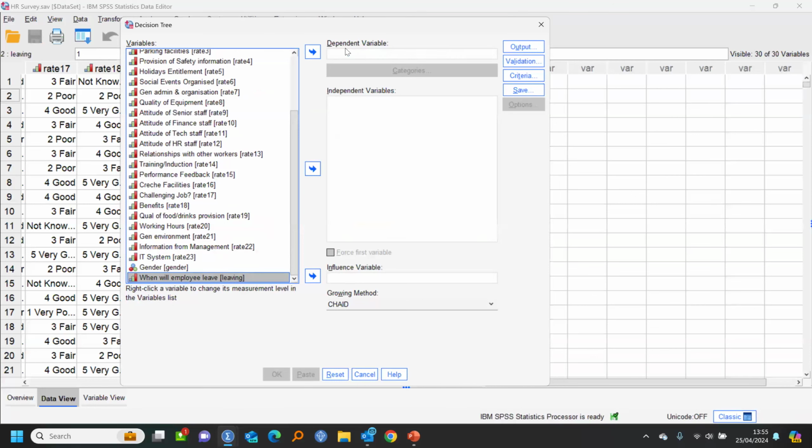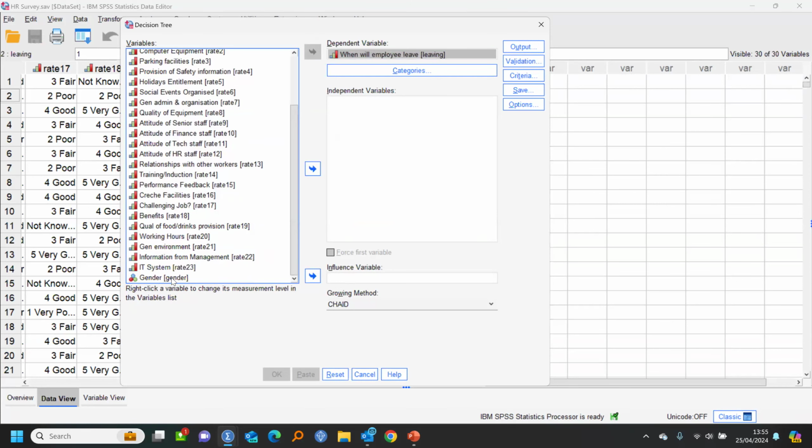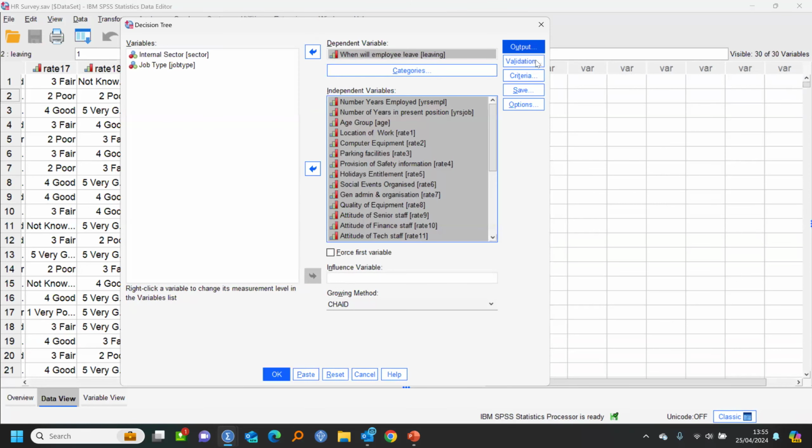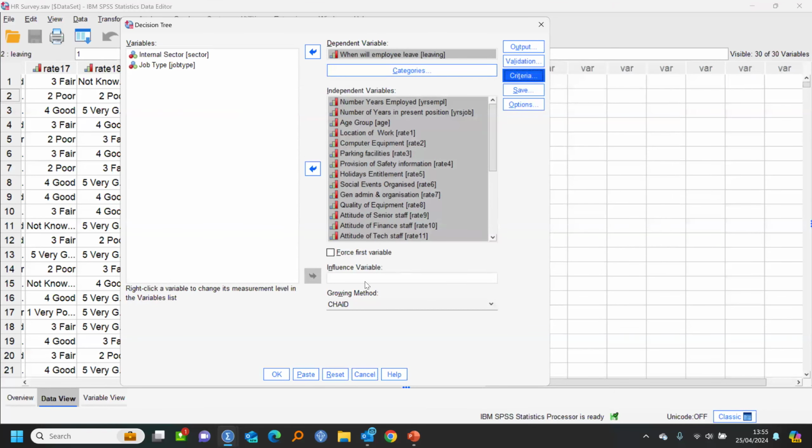Let's see what are the most important factors in that. Let me just send that up in there and quickly pick these other variables. Again, I'm just going to give it a bit looser set of criteria, let it go a bit deeper, 20 and 10. Using the CHAID method, 3 categories this time.